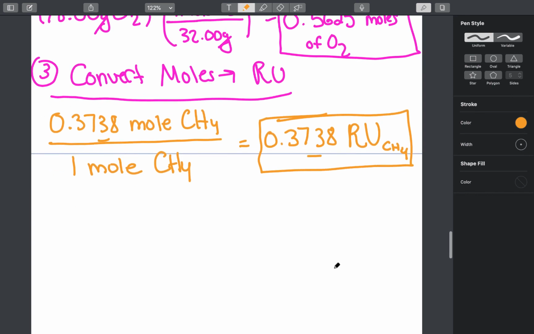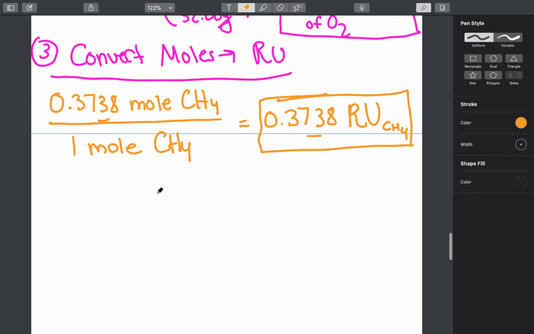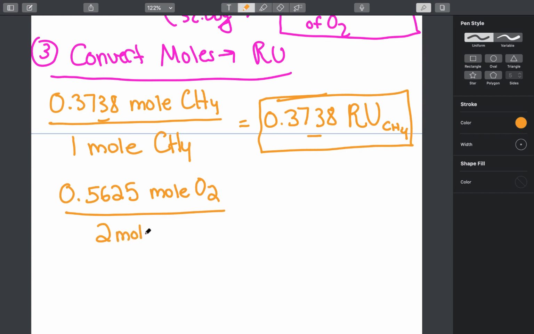Now let's do the same thing for oxygen. We have 0.5625 moles of oxygen over 2 moles of oxygen. That's from the chemical equation that we have above.